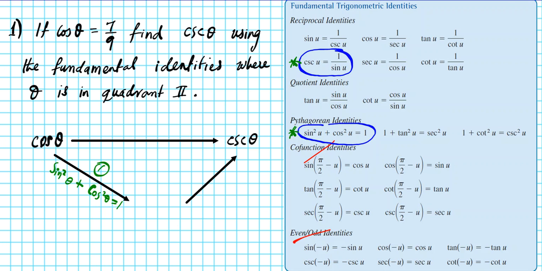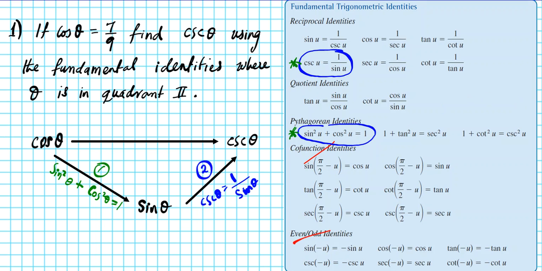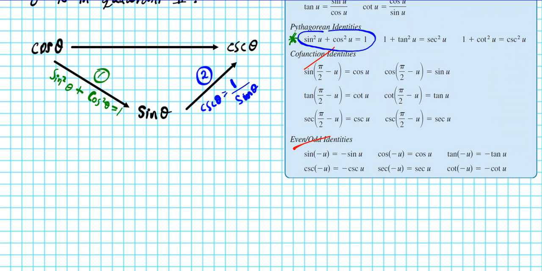That will take us from cosine theta to sine theta. And then from sine to cosecant, we're going to use the reciprocal identity where cosecant theta is equal to 1 over sine theta.